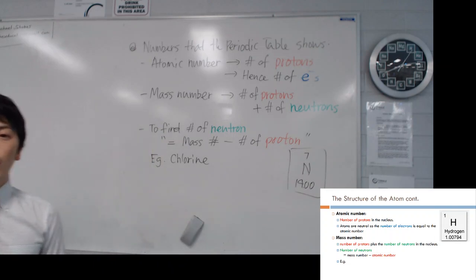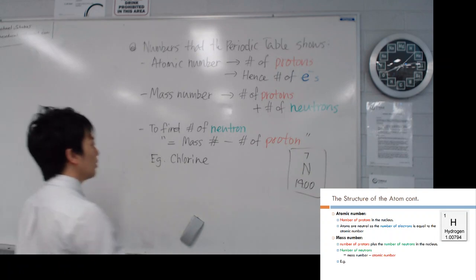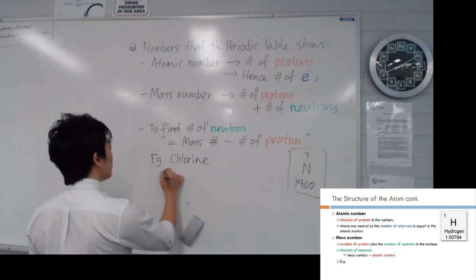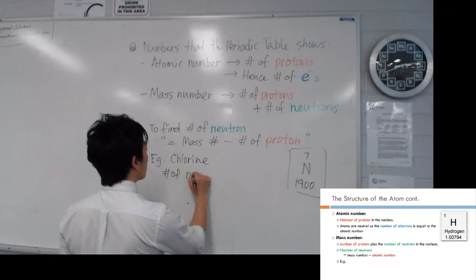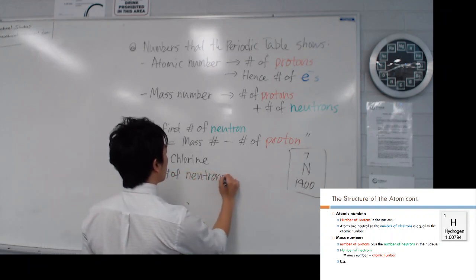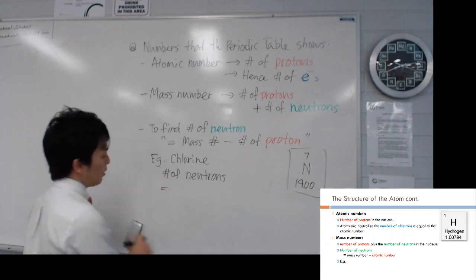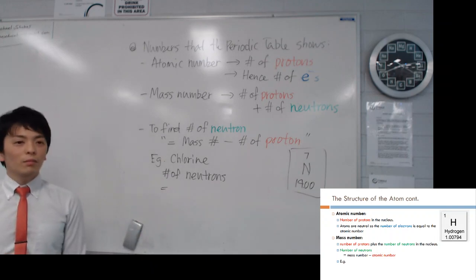In chlorine, how many neutrons are there? 17. Wait, you said neutral? Yeah, 17, don't worry. What did you do as a calculation?